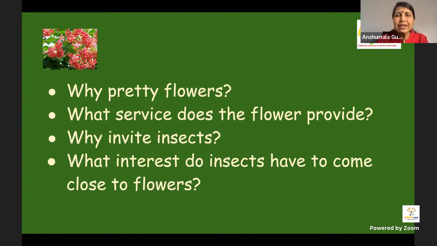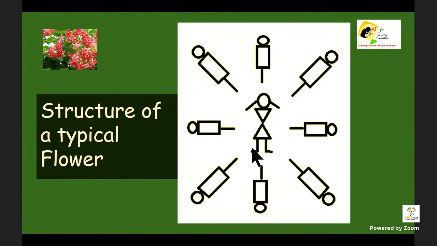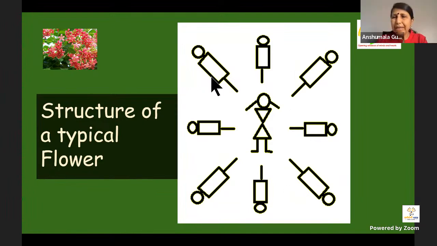So today we will learn to recognize the male and the female. Many of you, of course, will know it already. But for those of you who don't know this, we'll see them today. So first, let's learn to recognize them. So one thing is a usual flower. The structure of a typical flower is like this: a single female in the center, surrounded by a lot many males.